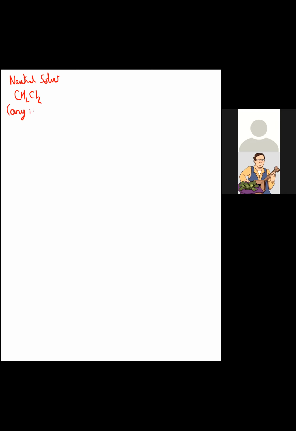So basically any non-participating, these are your halogenated solvents. Okay, I'm just randomly erasing things now because my pen is acting up.